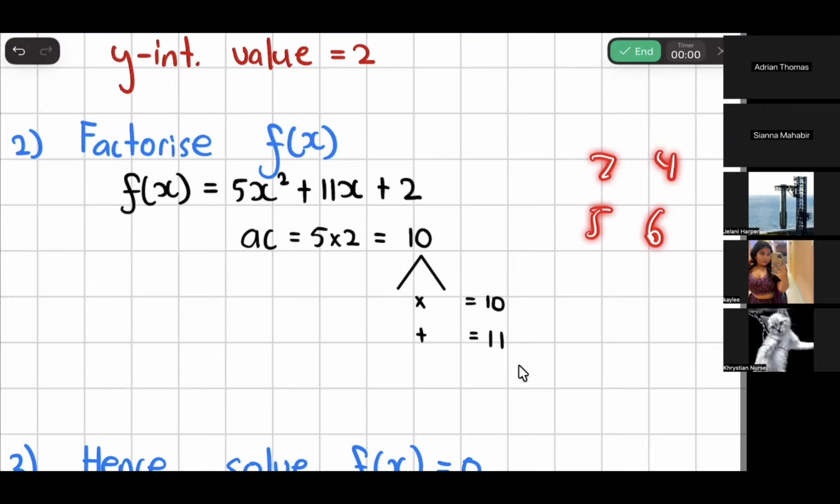What two numbers could add to give you 11? 8 and 3, sir? But would 8 and 3 multiply to give you 10? No, sir. Keep going.